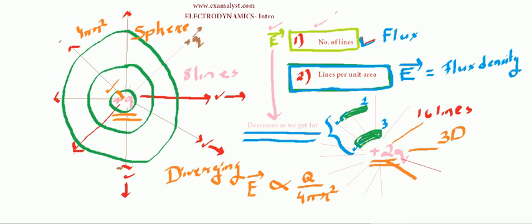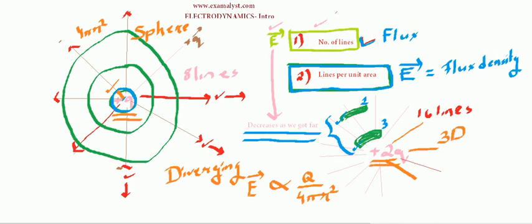This is called an equipotential surface, because the value of electric field on this sphere will be the same, as all points on the sphere are at the same distance r from q.